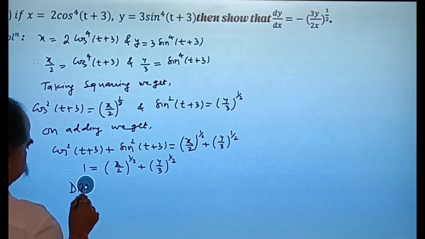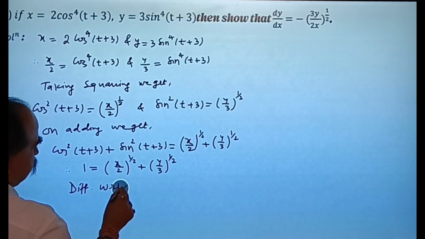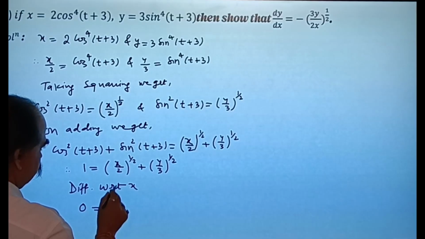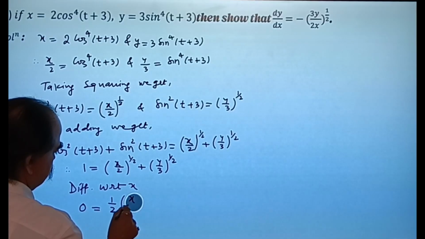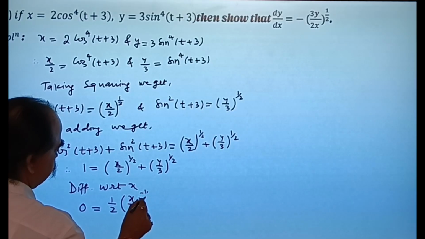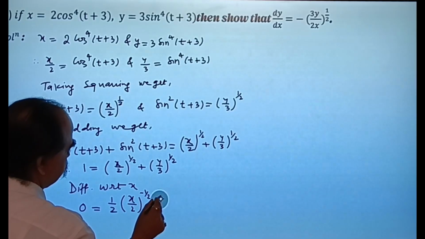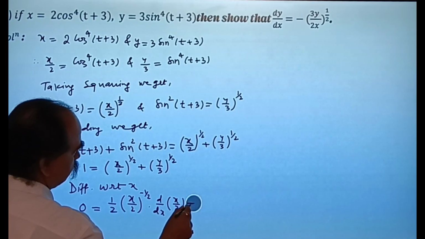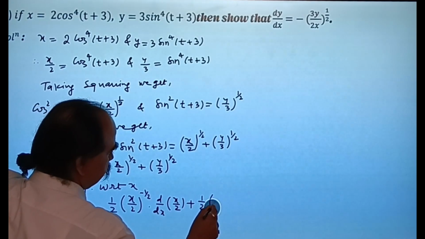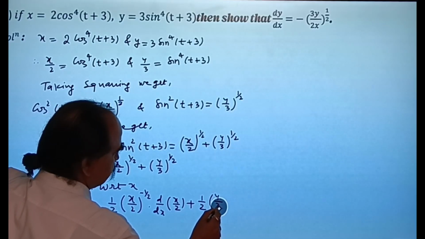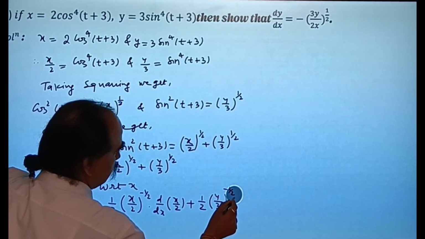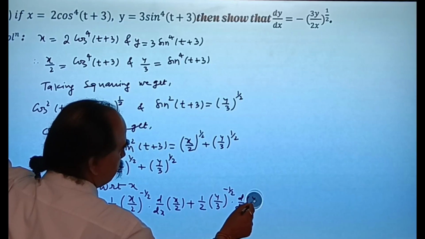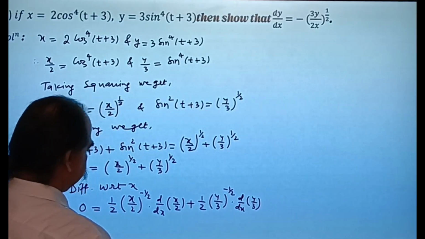Differentiating with respect to x. So 0 is equal to half x by 2 raised to minus half into d by dx of x by 2 plus half y by 3 raised to minus half into d by dx of y by 3.